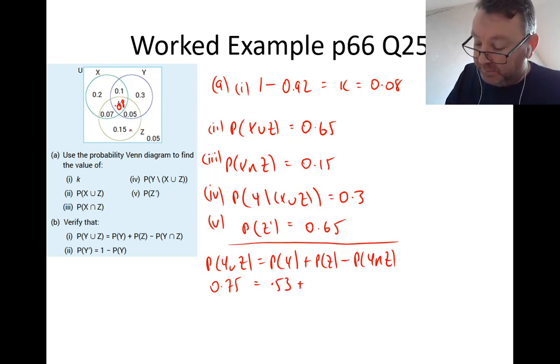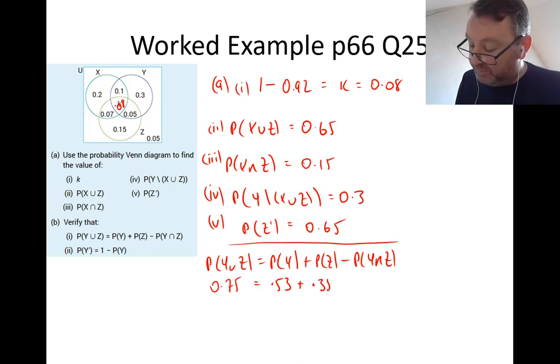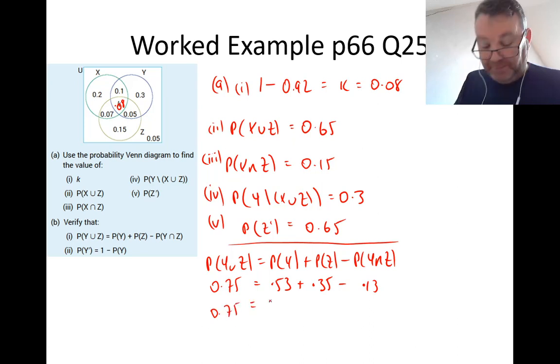Probability of z, what does that come out as? 0.07 plus 0.08 plus 0.05 plus 0.15, which comes out as 0.35, minus P of y intersection z, which is 0.08 plus 0.05, which is 0.13. Now if I've done my maths right, 0.75 should be 0.53 plus 0.35 minus 0.13, and lucky enough, 0.75 it is.